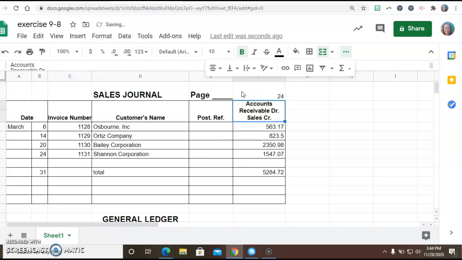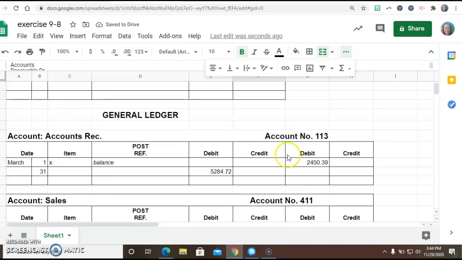I know that because the book told me. Okay, so we're going to say J24 for our post reference number. Okay, we don't put anything in here.